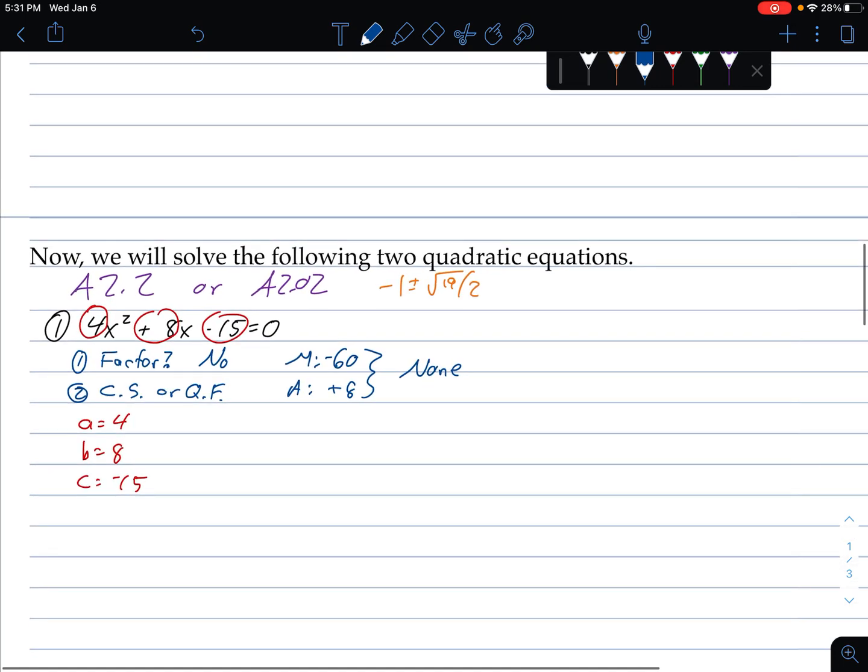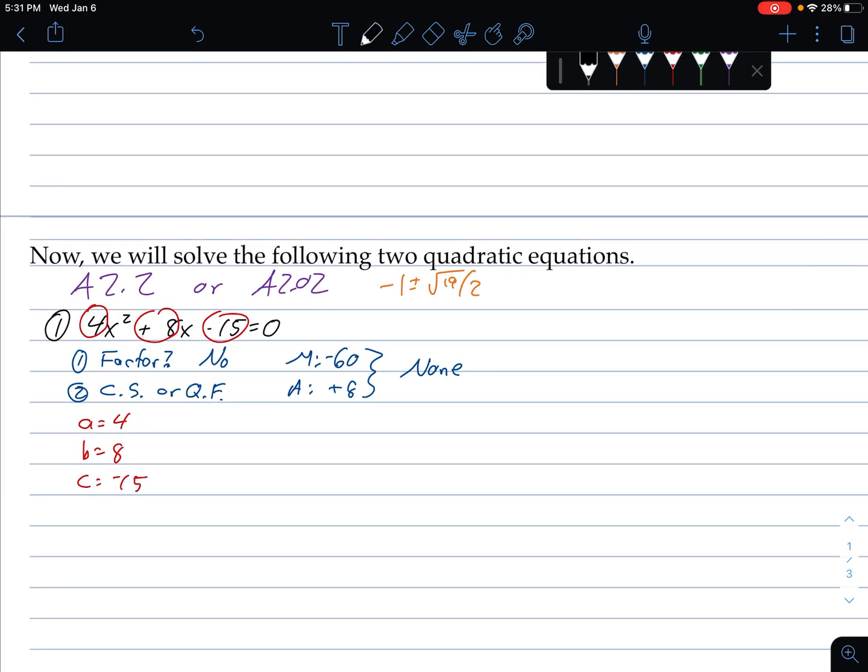Okay, so my formula, which we would eventually have to memorize, is x is equal to -b plus or minus square root of b squared minus 4ac all over 2a. Okay, so let's plug it in. -8 plus or minus square root of 8 squared minus 4.